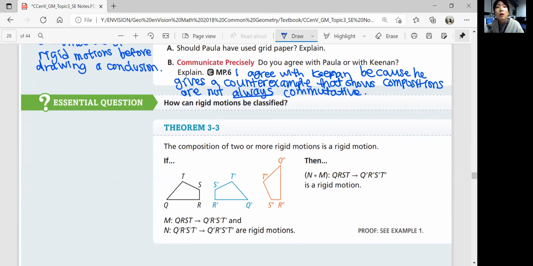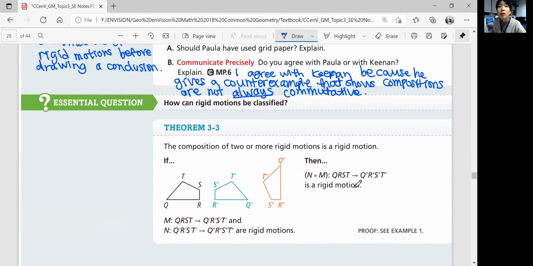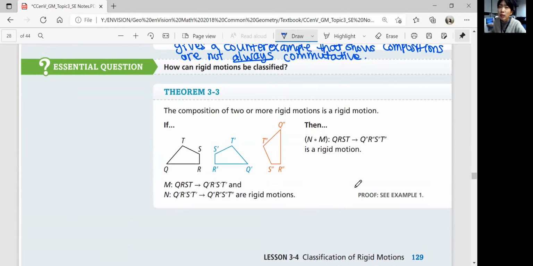If we start with the shape QRST, and then we do our first transformation, Q prime, R prime, S prime, T prime, and then we perform another transformation and end up with Q double prime, R double prime, S double prime, T double prime, and we know those two transformations are rigid motions, altogether they're going to be a rigid motion, even if they're combined and summarized with another transformation.